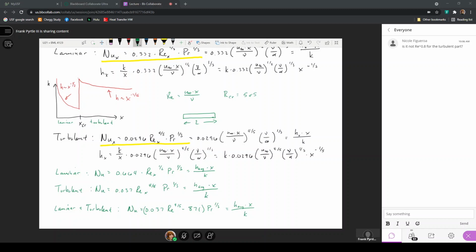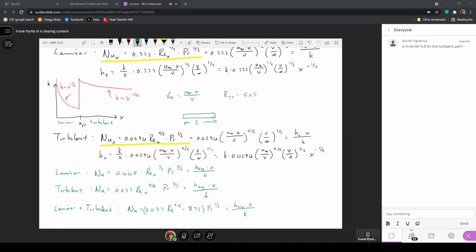If someone asks me, well, for a plate where I have a laminar region and a turbulent region, what is the average heat flux out of just the section that's covered by the laminar flow? Well, I have to find the average heat transfer coefficient just for the laminar region, multiplied by Ts minus T infinity, and that would give me the average heat flux in the laminar region.